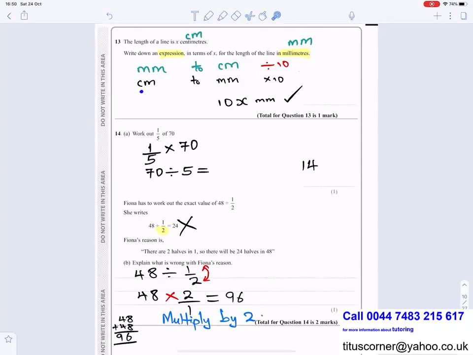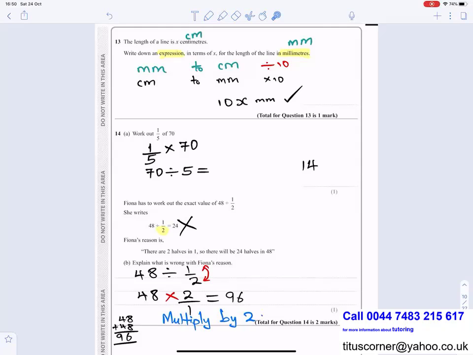To change from centimeters to millimeters, you times 10. So we're changing from centimeters to millimeters. So we do 10 times X, it gives us 10X millimeters. So from centimeters to millimeters, you times by 10. 10 times X, it gives you 10X.